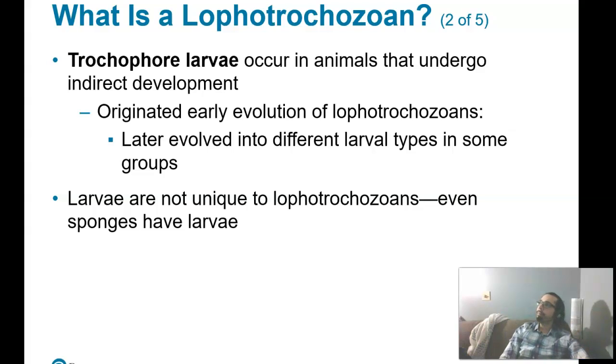Right? Or if you remember from the Cnidaria lab, the moon jelly life cycle, the Aurelia life cycle, it also starts off as a larval form, a planula larva, that then develops into the scyphistoma, which is the polyp form.